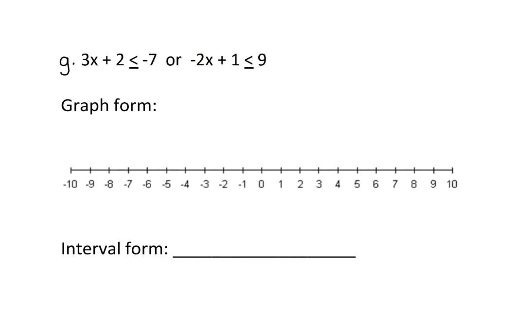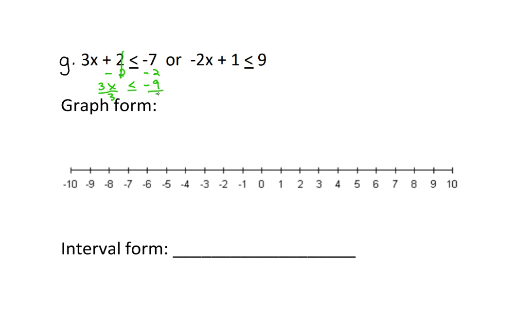Okay, here's some compound inequalities that we have to solve first. So the first one, we have 3x plus 2 is less than or equal to negative 7. To solve this, the first thing we would do would be subtract 2 from both sides. And that gives us 3x is less than or equal to negative 9. Divide both sides by 3.